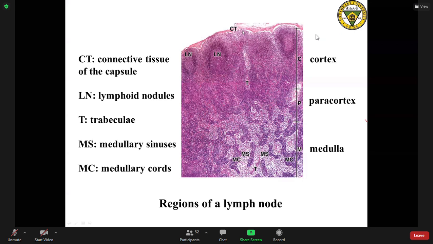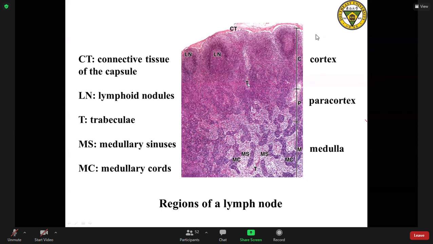I remember we reviewed the normal structure of the spleen last time. Just like in the spleen, connective tissue from the capsule can enter the lymph node as trabeculae. This is the cut section of a trabecula.